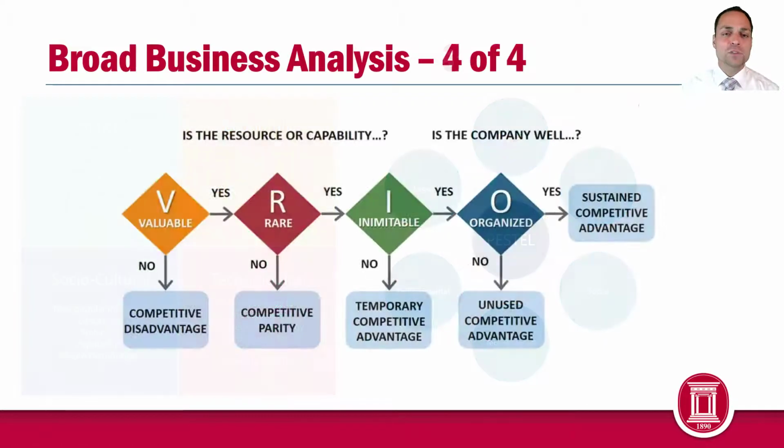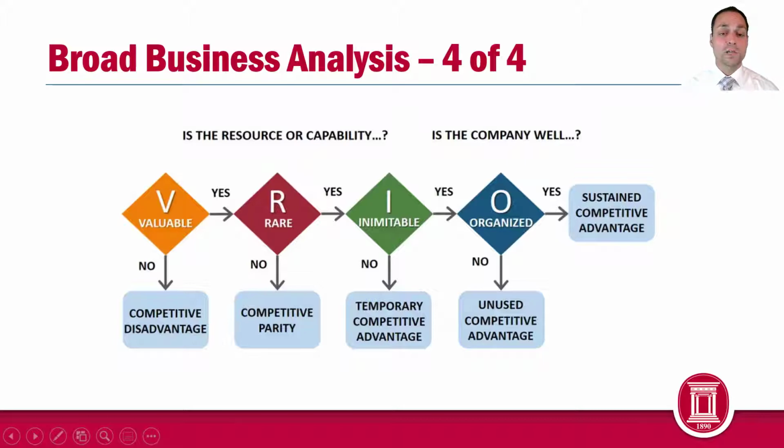Now the next one is VRIO. With this one, the idea is that it's definitely going to be internal. What this is really looking at is, do we have a competitive advantage? So this would be looking at, do I have a product or a service that fits these four parameters? If I do, then I have a potential sustained competitive advantage over something.